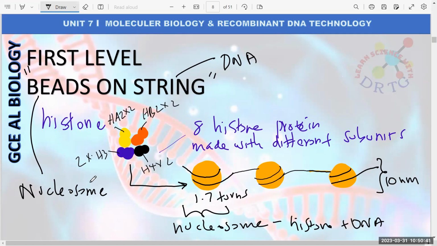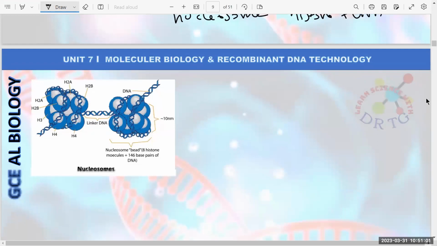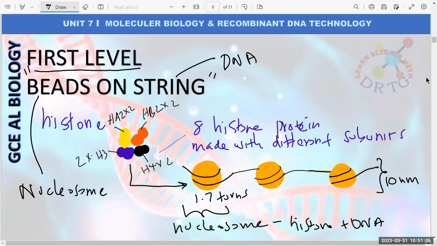That is the first level of packaging. So then the complete DNA molecule can wrap around this histone until it completely makes this beads on string or necklace. Now here I add a good picture because it's very difficult to draw the 3D shapes.